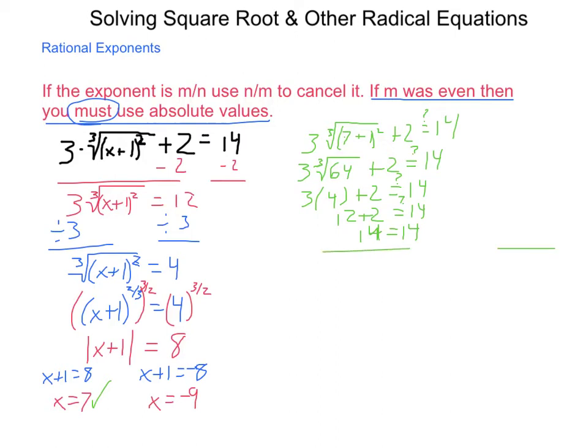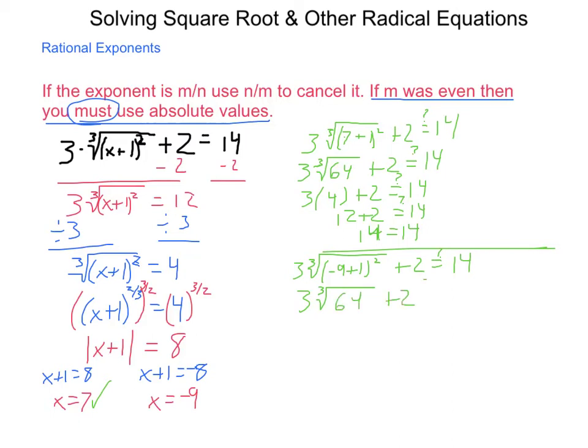So, x equals 7 checks out. Let's try the next one. Let's go with x equals negative 9. So I have 3 cubed root of negative 9 plus 1 squared plus 2, is that equal to 14? Well, negative 9 plus 1 is negative 8. A negative 8 squared is 64.